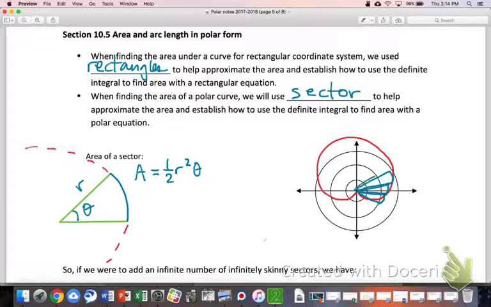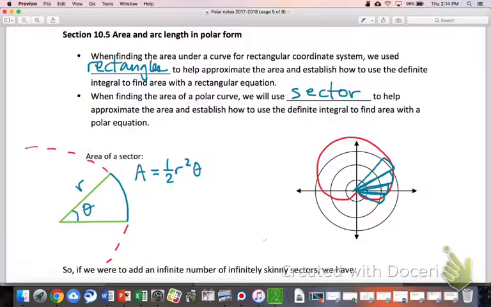Do you see how I'm building up this area little by little? Like the rectangles with rectangular graphs, these sectors are an okay approximation, but you can see little gaps or overlaps. It's always going to be a little too much or a little too little. It's going to be an approximation.